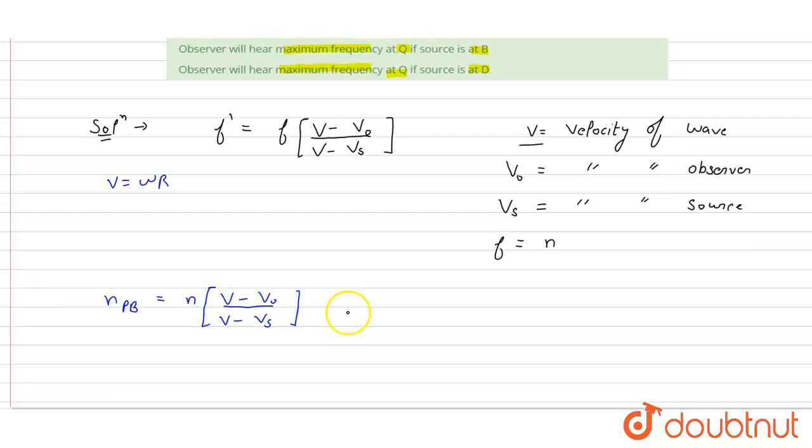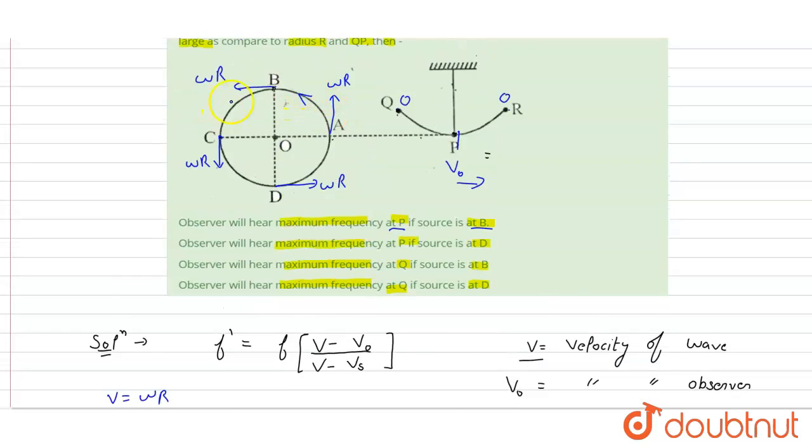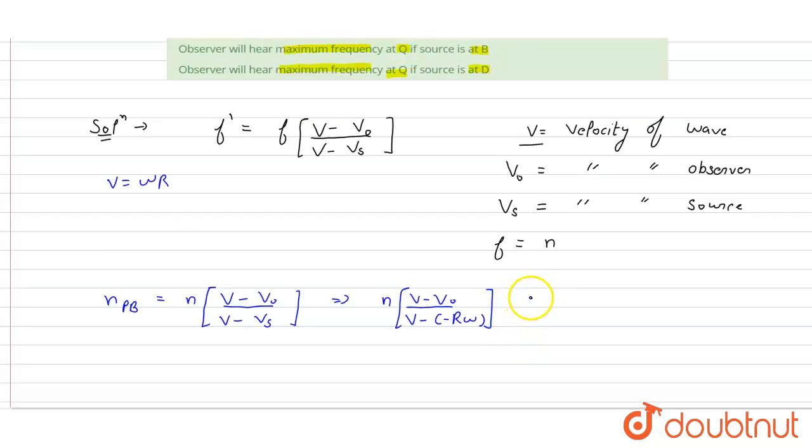So this becomes n into v minus v naught upon v minus r omega, because source is now moving in negative x direction. So this becomes n into v minus v naught upon v plus r omega. This is equation number 1.